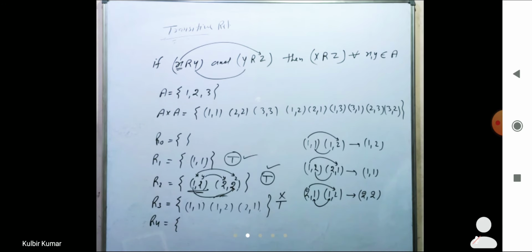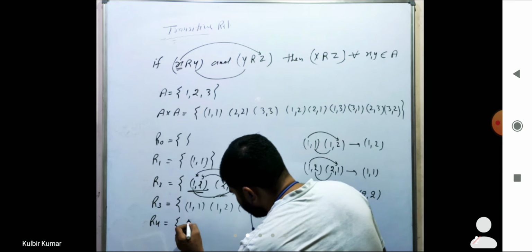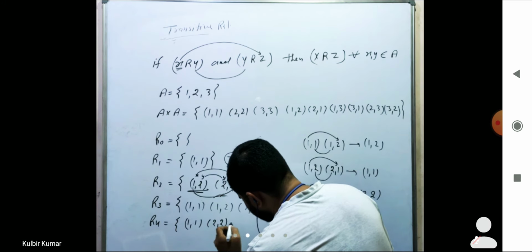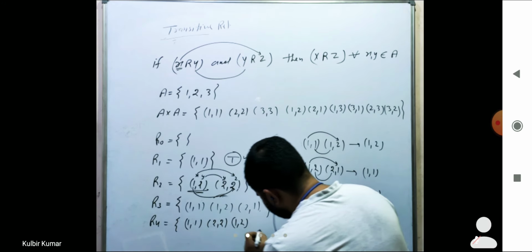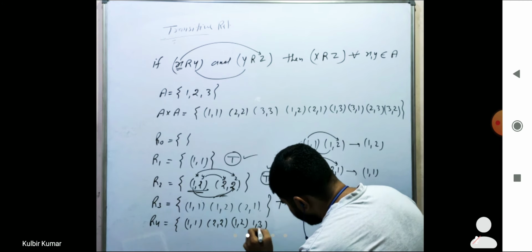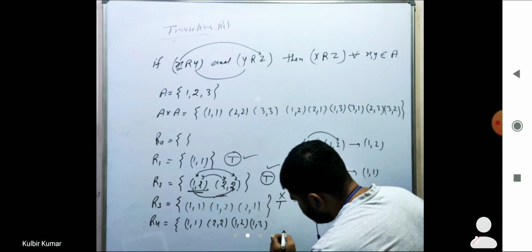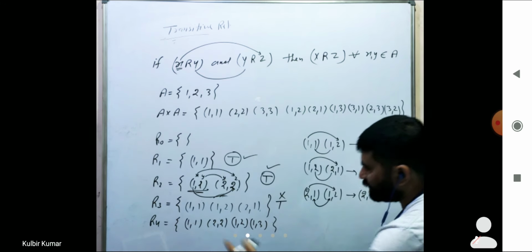R4 is what? Let me write it down: it is 1 comma 1, 2 comma 2, 1 comma 2, 1 comma 3. Assume this one. Yes, try for this one.